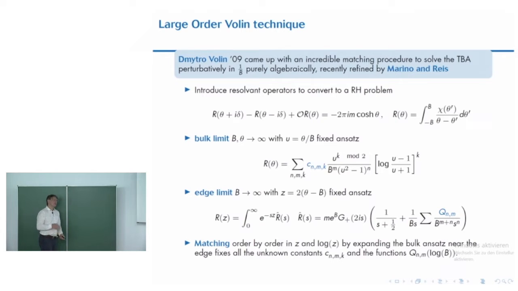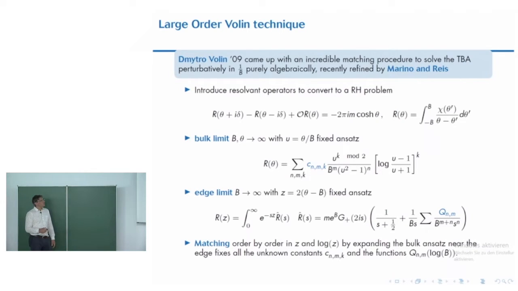I'm not going to go into much detail, but I'll just tell you what the strategy was. So instead of using chi, he worked with what's called the resolvent, and that just simplifies some equations. No big gain here, but it's nice.